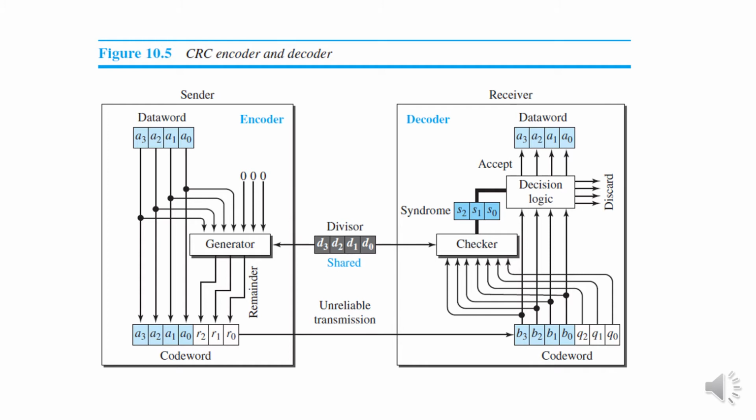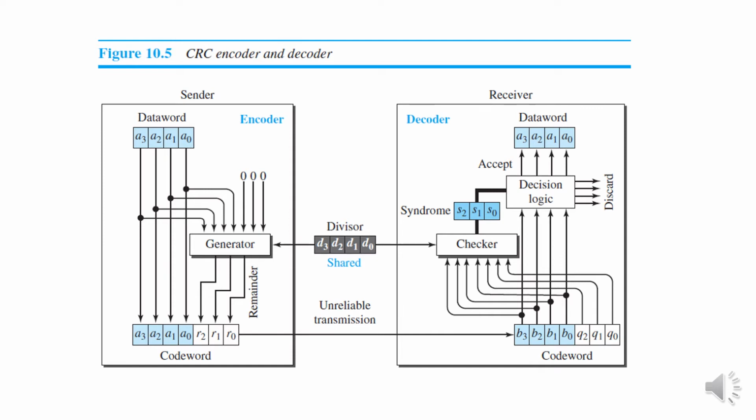In the case of the encoder, the data word has k bits, that is 4 here in our case, and the code word has n bits, that is 7. The size of the data word is augmented by adding n minus k, that is 7 minus 4, equal to 3 zeros to the right-hand side of the word. The n-bit result is fed into the generator.